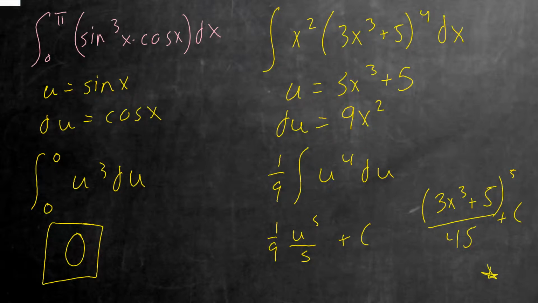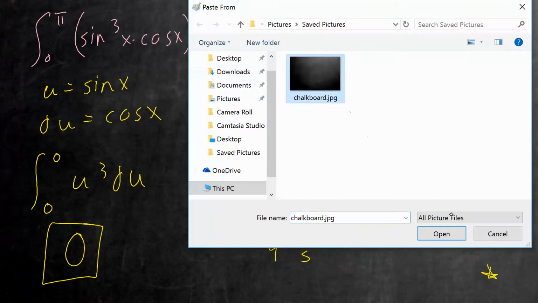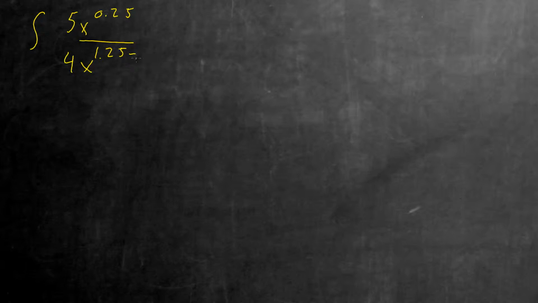Let's try the next one. The integral of 5x to the 0.25 over 4x to the 1.25 minus 6 dx. That minus 6 is outside. So we can't have a u be in the top and a du be down here.